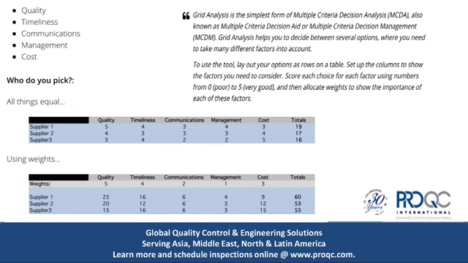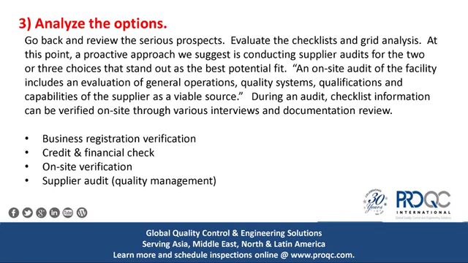To use the tool, lay out your options as rows on a table. Set up the columns to show the factors you need to consider. Score each choice for each factor using numbers from 0, poor, to 5, very good, and then allocate weights to show the importance of each of these factors.